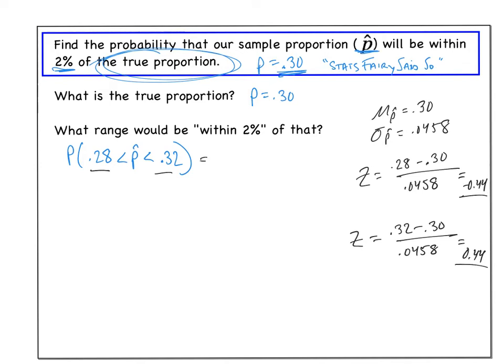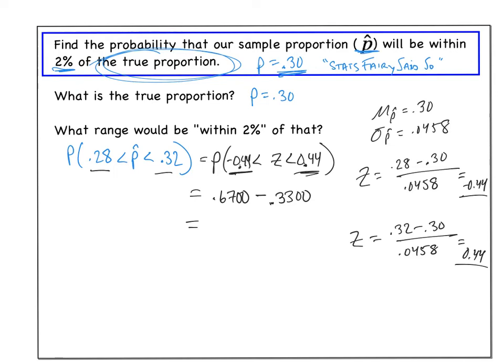So that means that we are trying to find the probability of our z-score being between negative 0.44 and positive 0.44. So when we use our z-chart, we look up the bigger z-score first, and we get 0.6700 minus, and then we look up the smaller z-score second, and we get 0.3300.